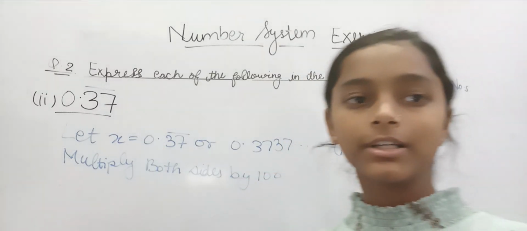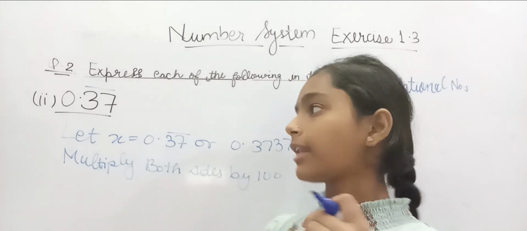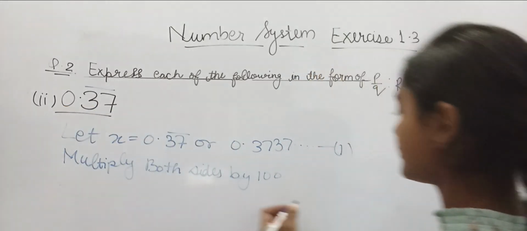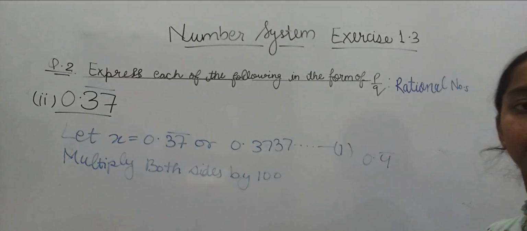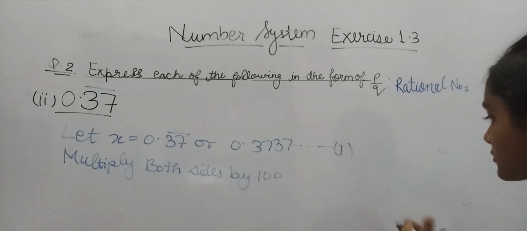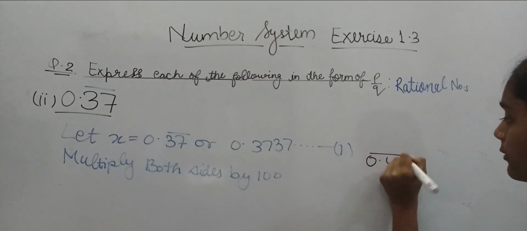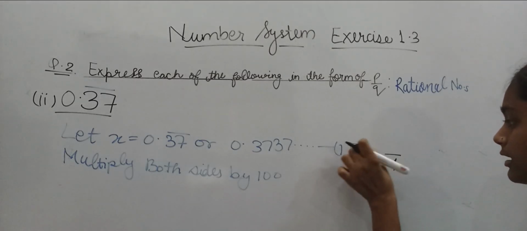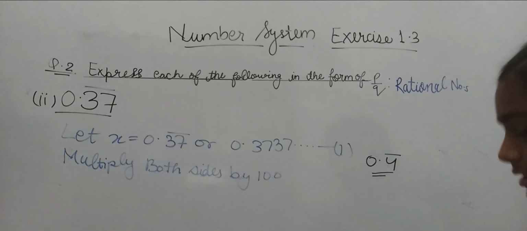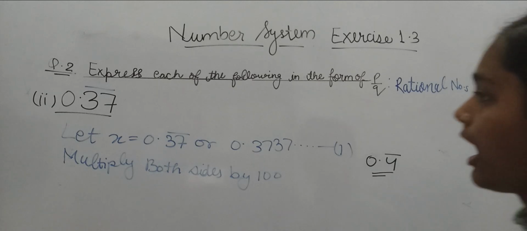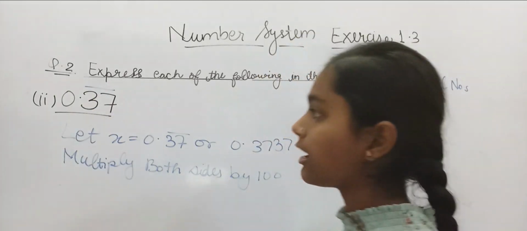Because in the first part, 0.4 bar, there was only one digit after the decimal, and there are two digits here after the decimal.